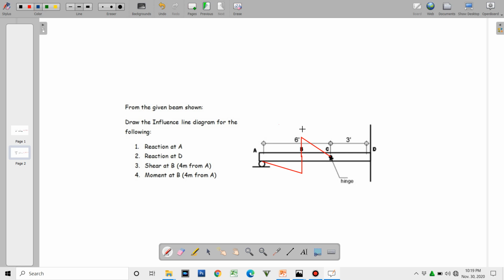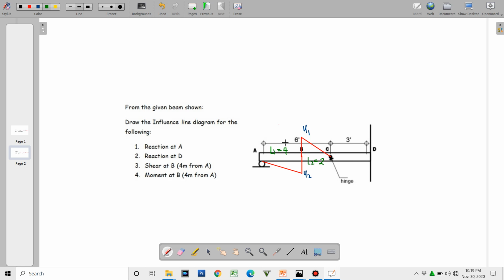We label this as y1 and y2, and then take note of the distances. Say this is L1, which is equal to 4. Shear at B, or B is 4 meters from A, and the remaining dimension here is equal to 2.